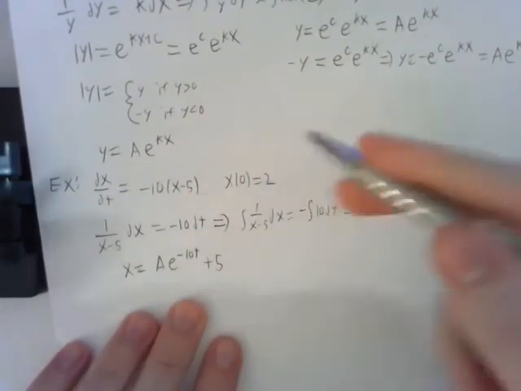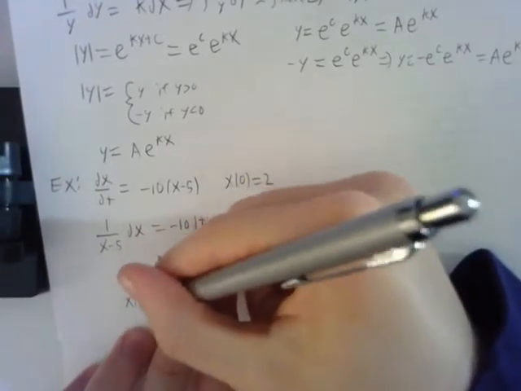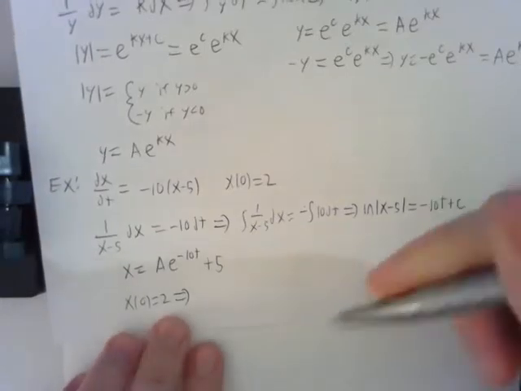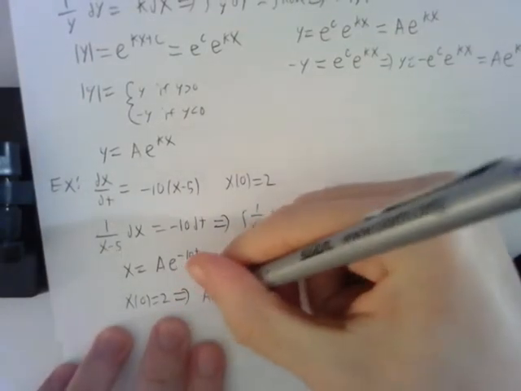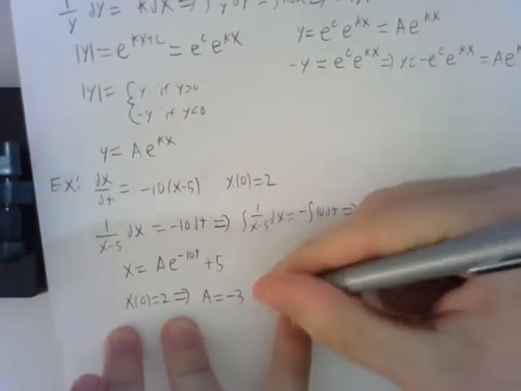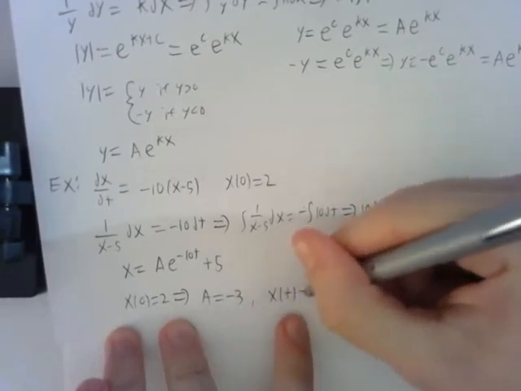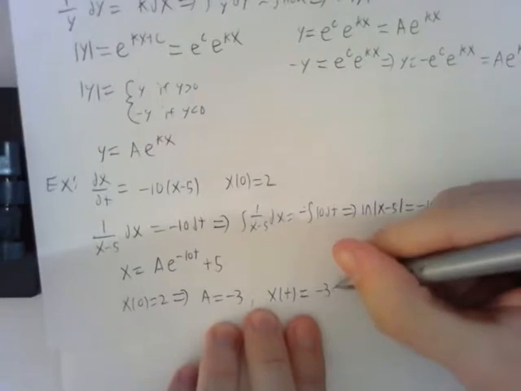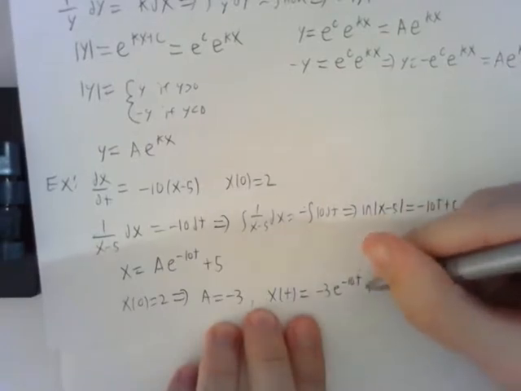Then we had our initial condition, x(0) equals 2. And this implies, again after some arithmetic, that a equals negative 3. So the solution to our differential equation is x(t) equals negative 3 e to the negative 10t plus 5.